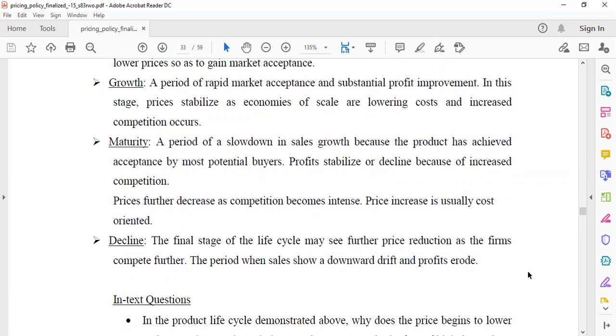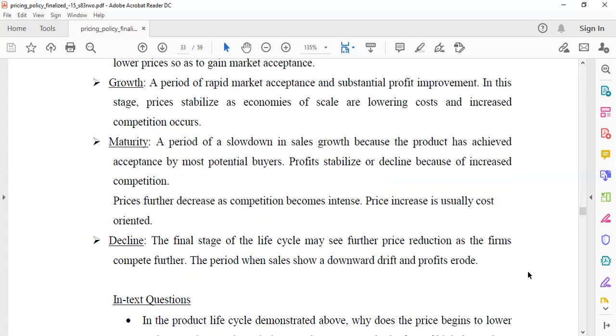So at this point, prices may also need to be lowered a bit in a bid to remain competitive. However, depending on what the input cost is, prices may also increase, as the case may be.